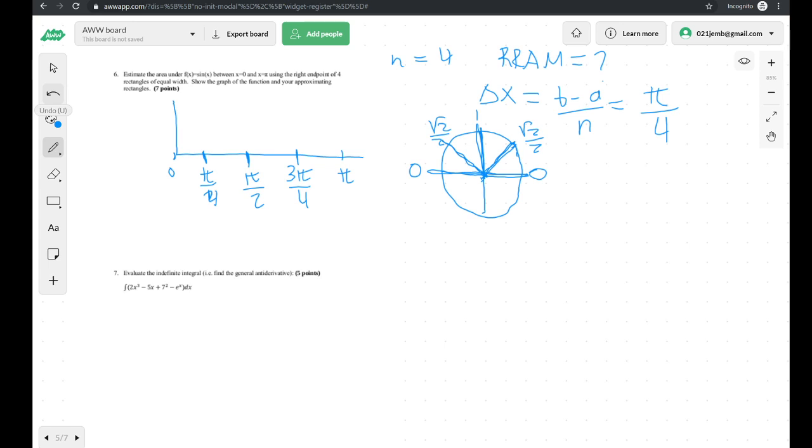Now we have the function starting at 0, it goes up to 1, and then it falls down to 0 again. And we're going to use the right endpoints, so it's going to be something like that. That's going to be one rectangle. So this over here is going to be one rectangle, this is going to be the second rectangle.